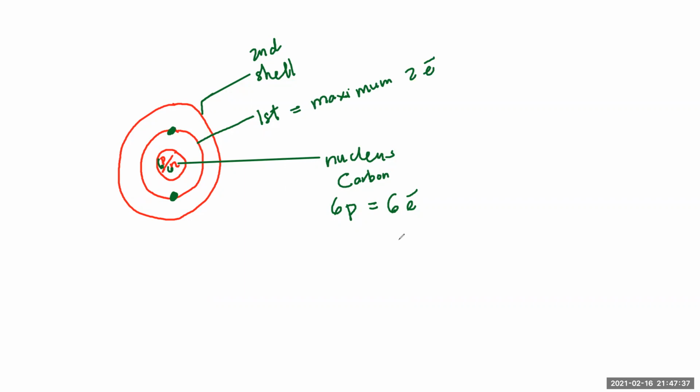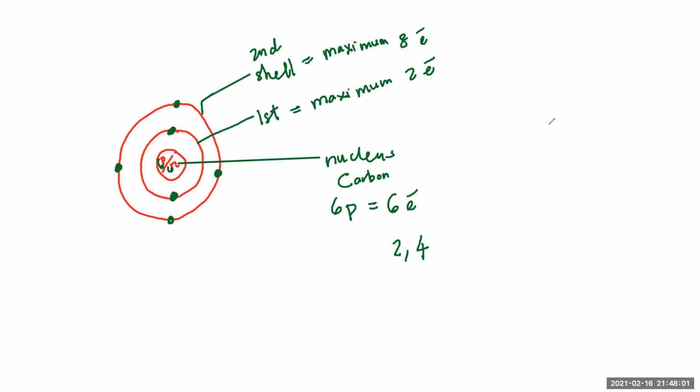So if I have two electrons in the first shell, how many more electrons do I have? Four. So the second shell can fit all four electrons, because the second shell can fit a maximum of 8 electrons.